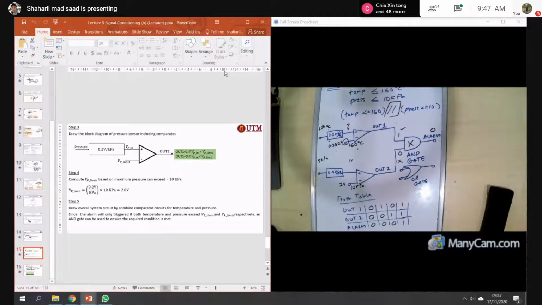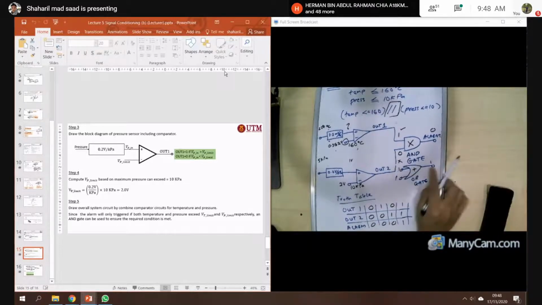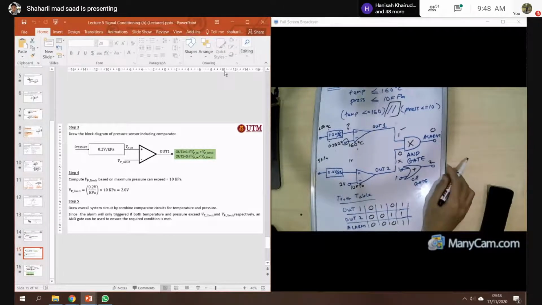What is the OR gate? You just add. For example, 0 plus 0 you get 0. 0 plus 1, you get 1. And 1 plus 1, of course you get 2, but for OR the limit is only 1.